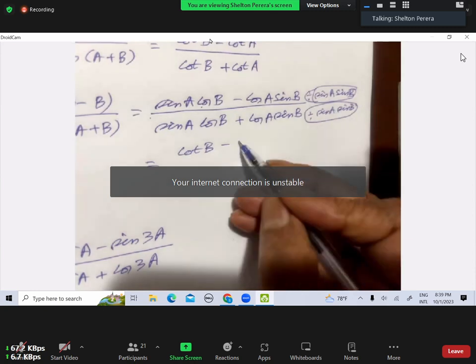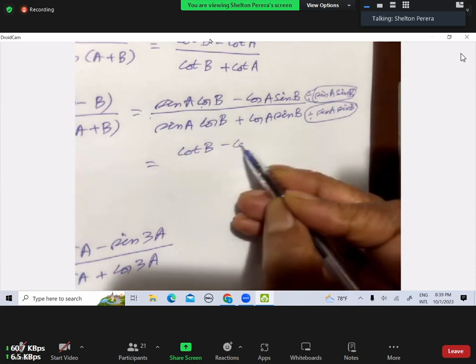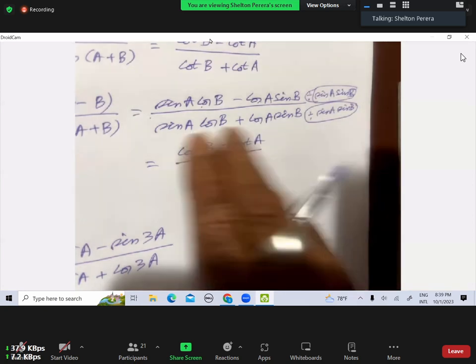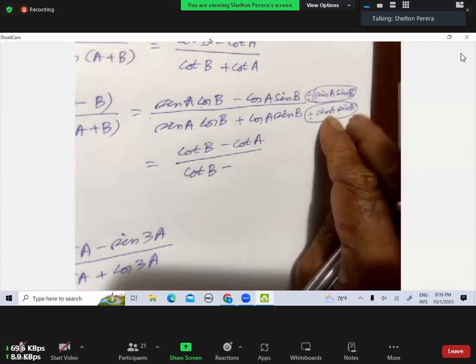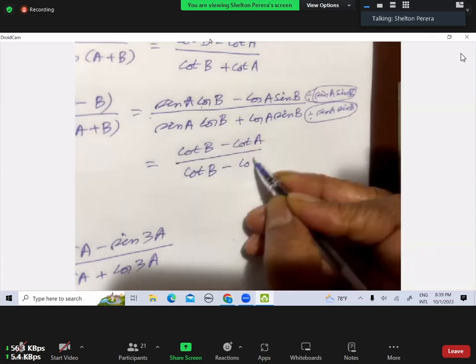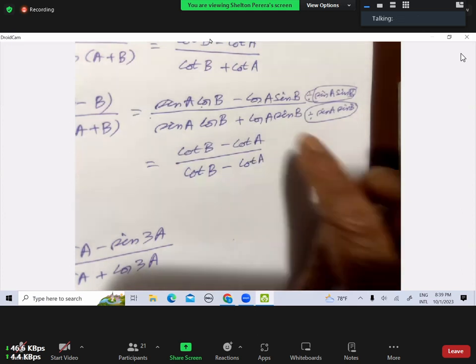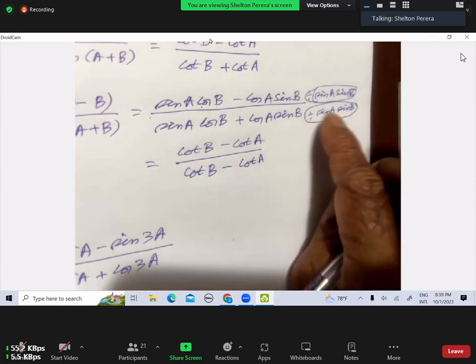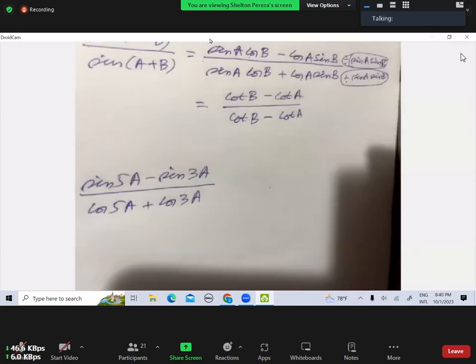Same thing happens at the bottom also. Cot B minus, when you divide each term, cot A. You get the answer.